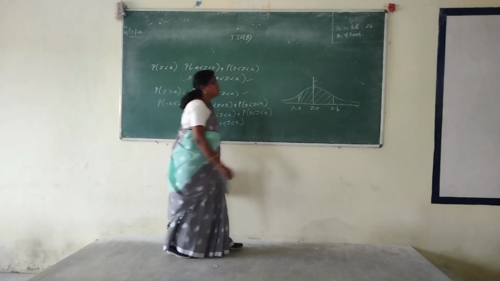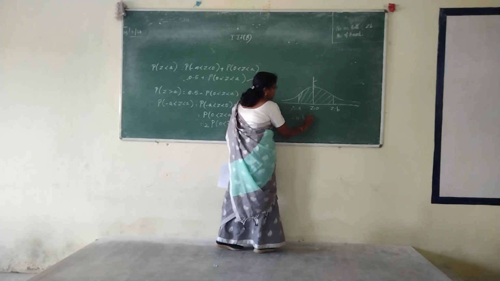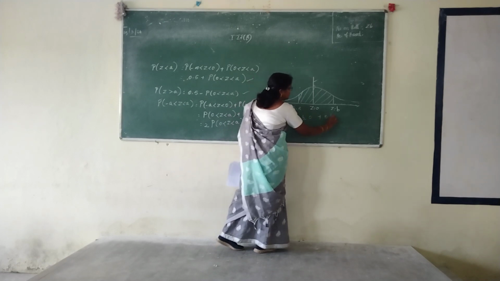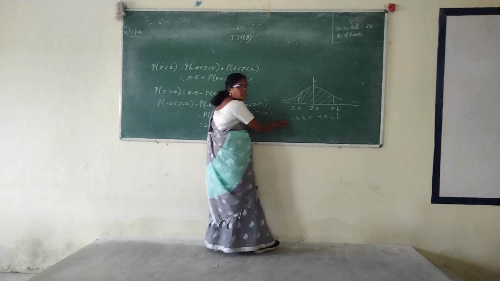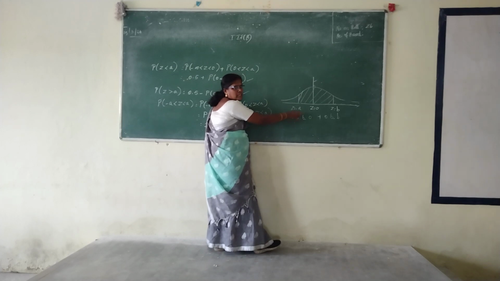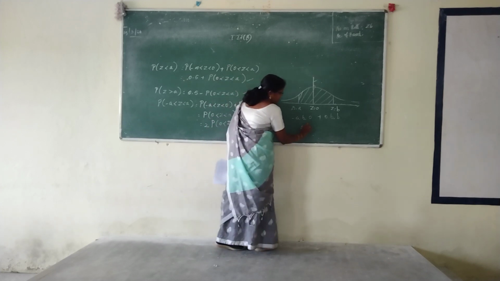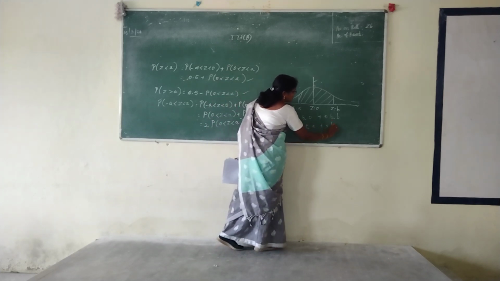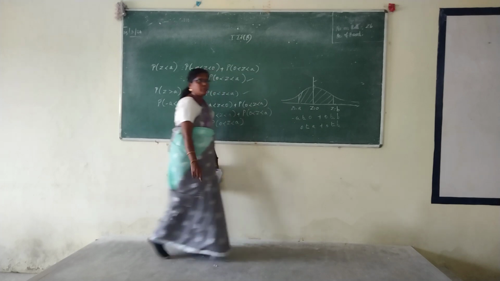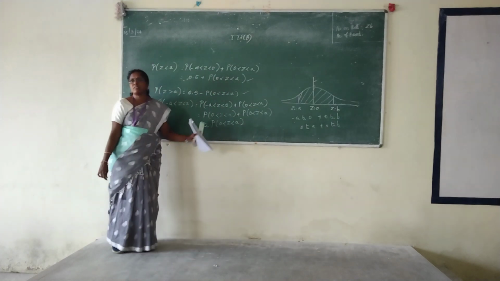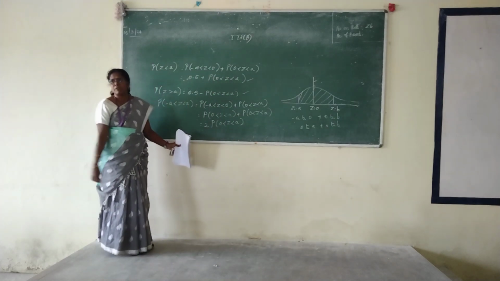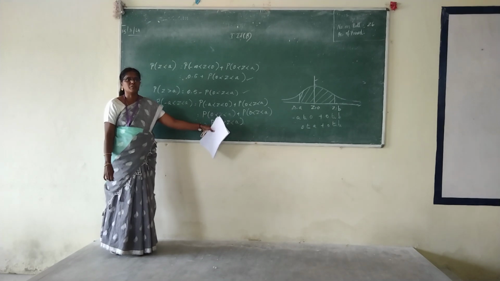Minus A to 0, and 0 to B. Do we have the answer for negative? No. So minus A to 0 is the same as 0 to A, plus 0 to B. Like this you do. Only if both values are the same can you apply the 2 times formula. If they are different, you can't apply this formula.